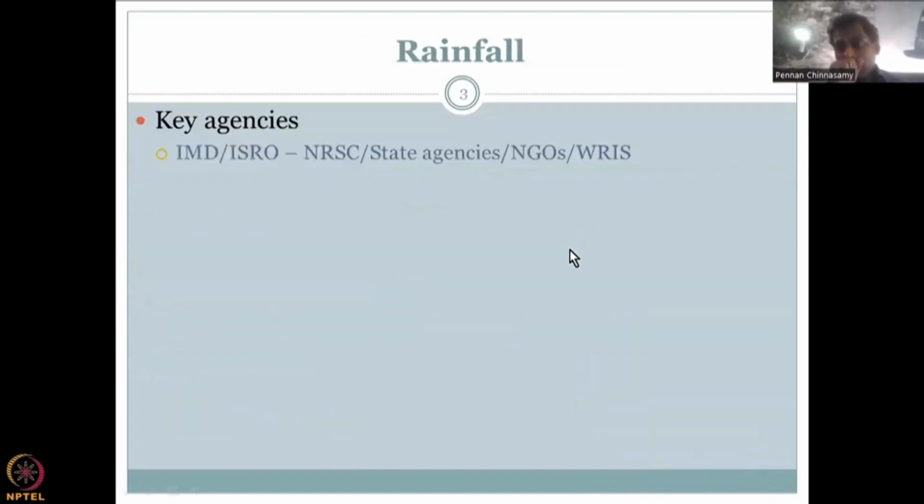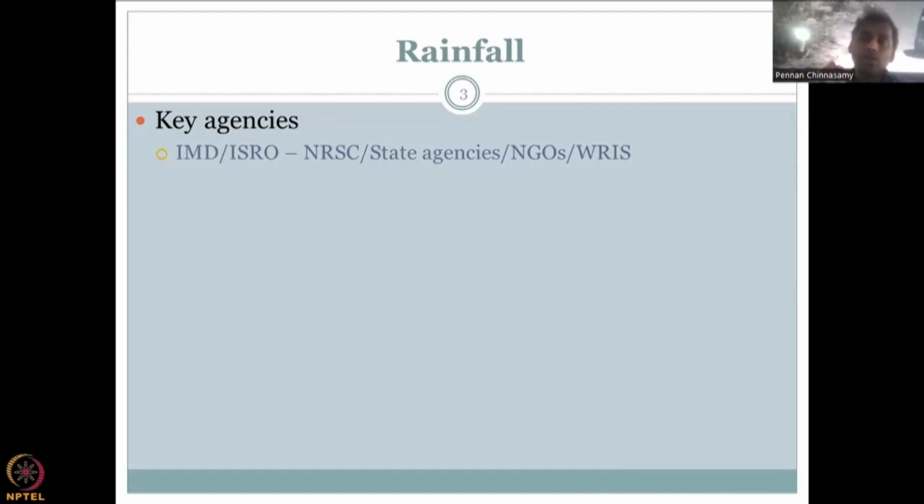So rainfall data is collected by IMD as a point observation data. IMD stands for Indian Meteorological Department. It is the key nodal agency that is responsible for collecting these weather parameters and hydroclimate parameters, most importantly rainfall, air temperature, humidity, etc.